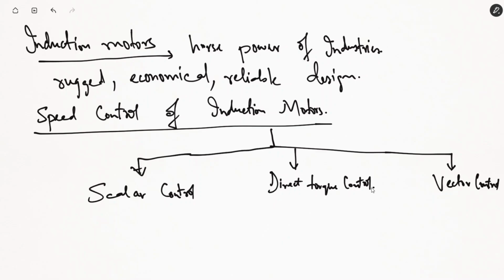One method is the scalar control method. Second method is the vector control method, and the third one is the direct torque control method. So they consist of a number of subtypes as well.